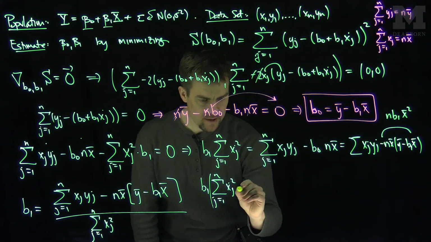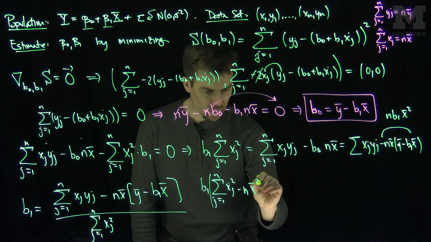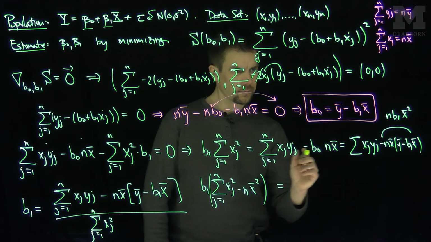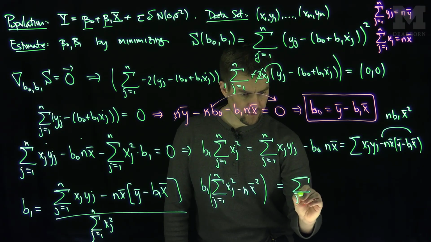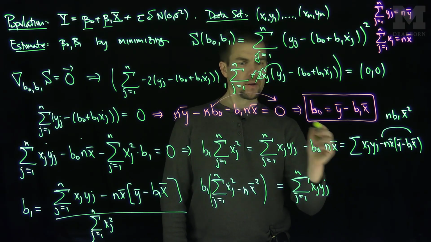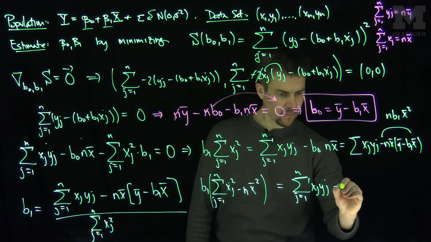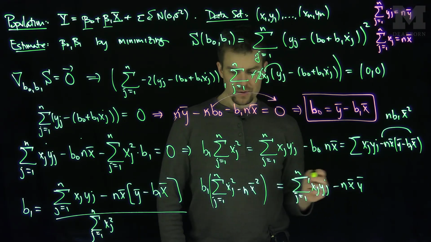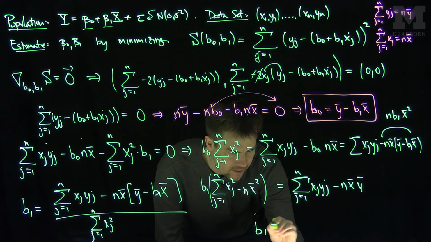Then I'll have a negative n x bar squared is equal to the sum, j goes from 1 to n, of xj yj, and then minus n x bar y bar.